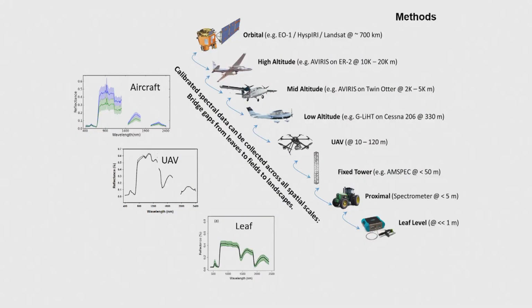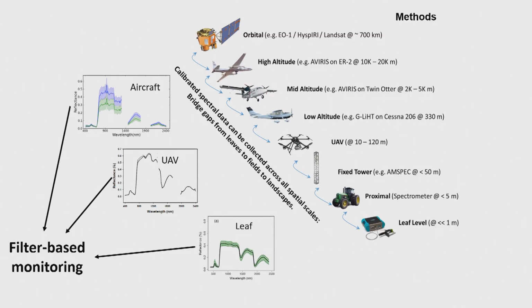If we link this all together, what this allows us to do is develop a filter-based monitoring approach at different platforms. We can use both spectral phenotyping and functional trait estimations to better understand plant responses to stress at scale, whether at the individual plant, the individual stand, or even larger at the regional scale.